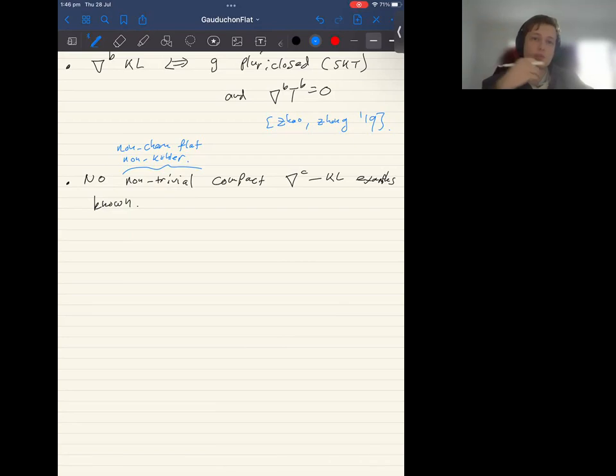I mean an example of non-Chern flat and non-Kähler. The Chern flat examples are all compact quotients of complex Lie groups with left invariant metrics, so you get abundance there.